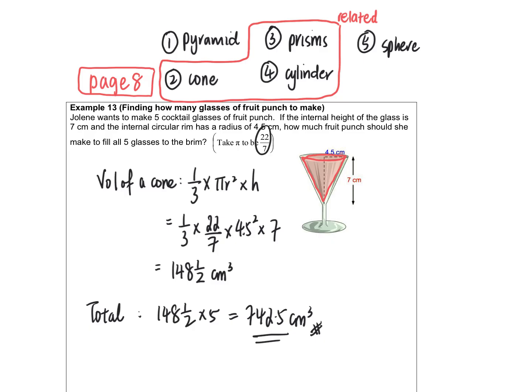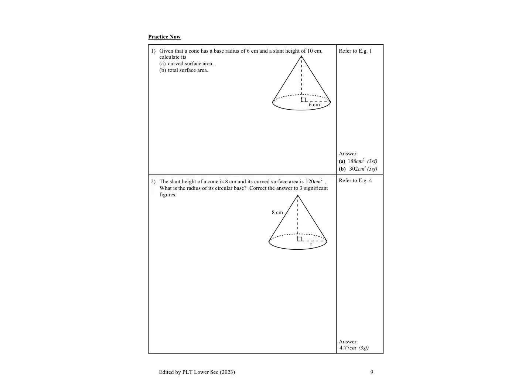Okay? Example 13 done. Okay, let's move on to the next one. Oh, this one is this 5 question today. Can you do as homework? This 5 very easy one. You can do in 5 minutes now. Okay, you do 5 minutes now. Yeah, quick one because the answers are here.